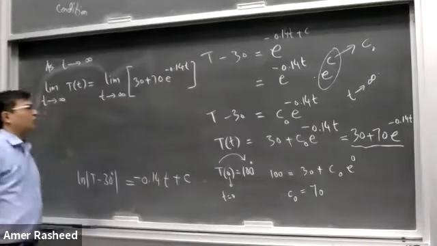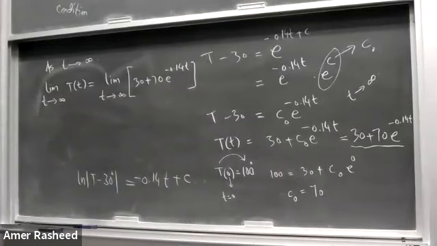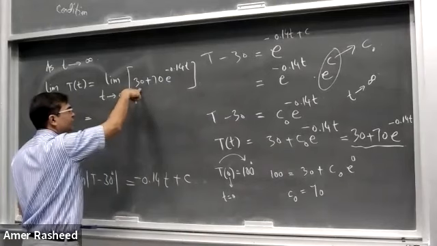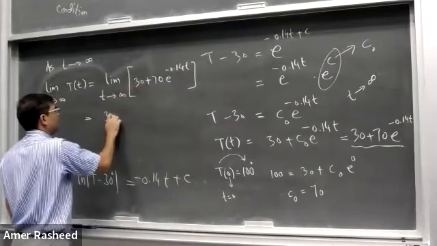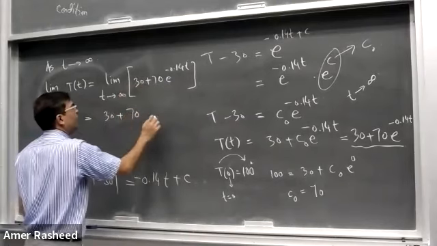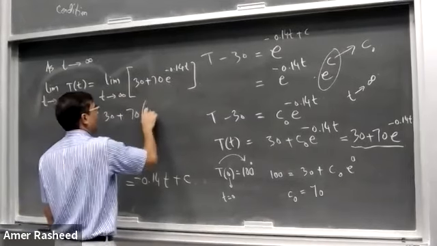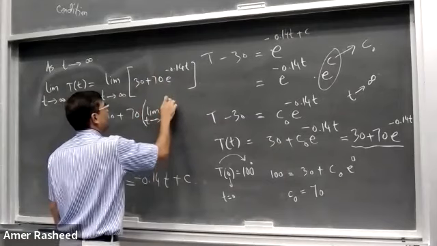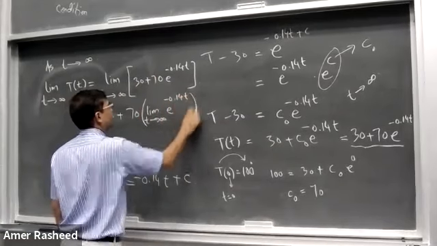We applied the limit on both sides. The limit doesn't apply on constants, so it remains 30 plus 70, and we only apply the limit as t approaches infinity to e raised to negative 0.14 t.